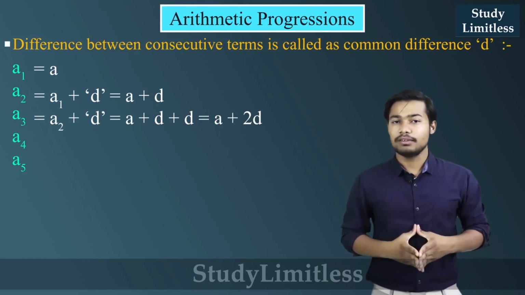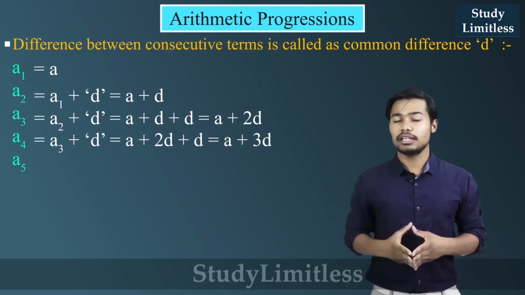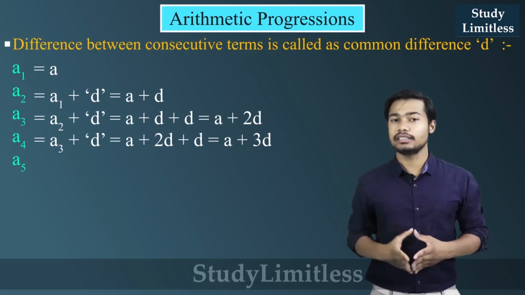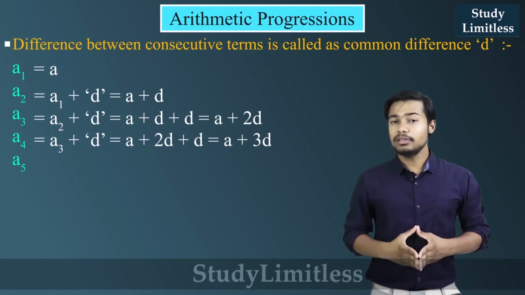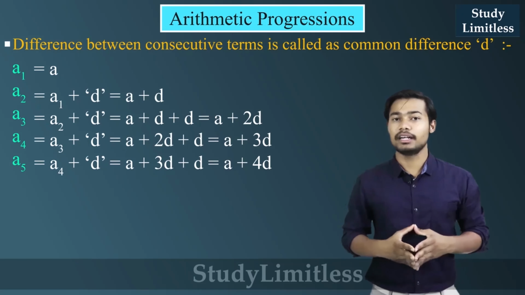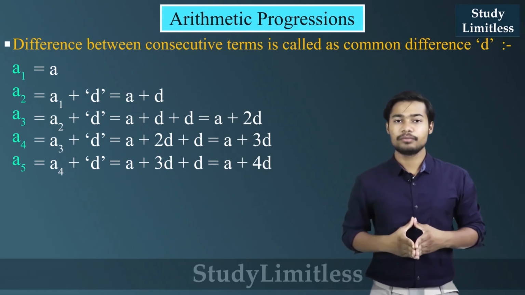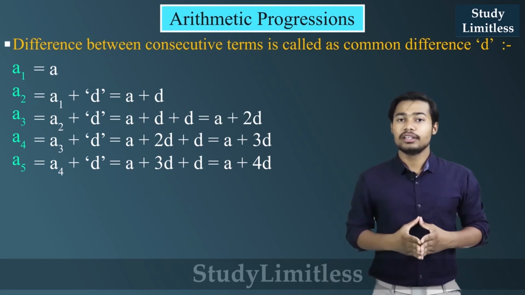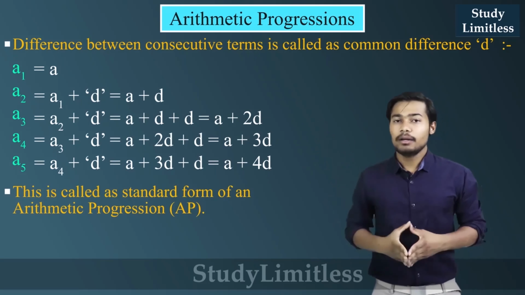And fourth term A4 is equal to third term plus d, that is a plus 2d plus d, that is a plus 3d. Similarly, we can write A5 as A4 plus d, that is a plus 3d plus d, that is a plus 4d, and so on and so forth. This is called the standard form of arithmetic progression.